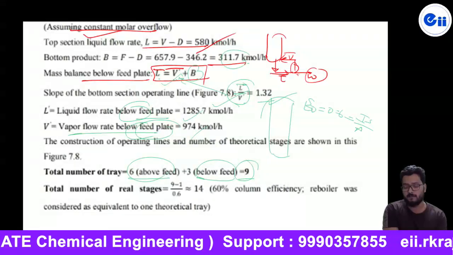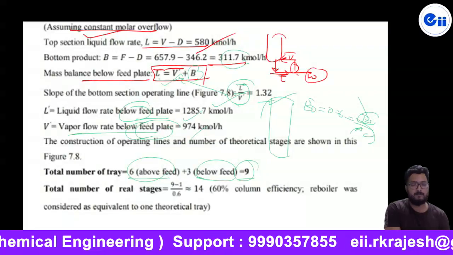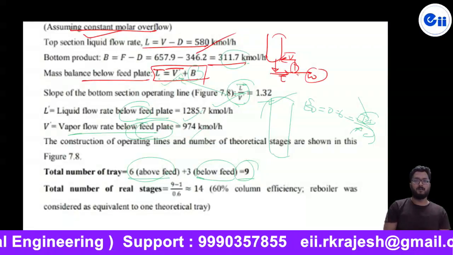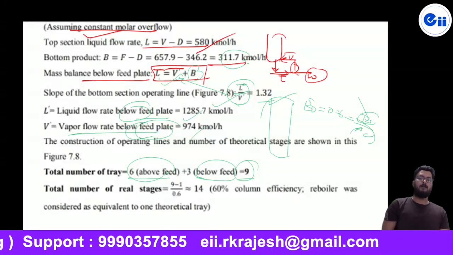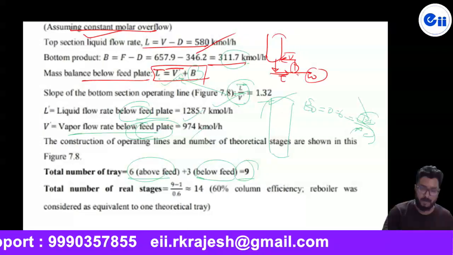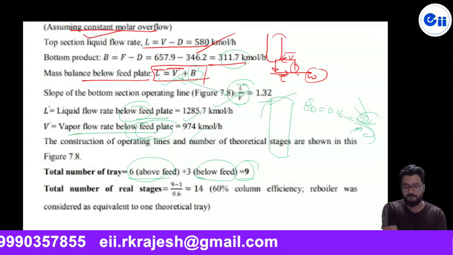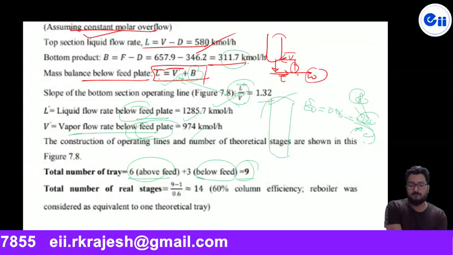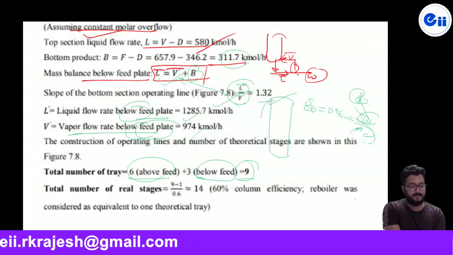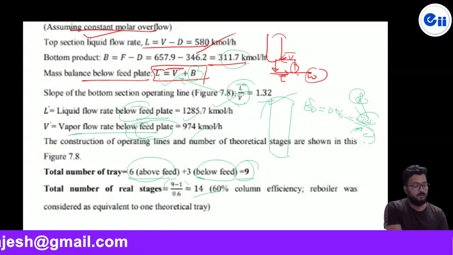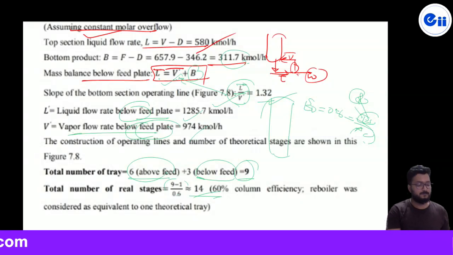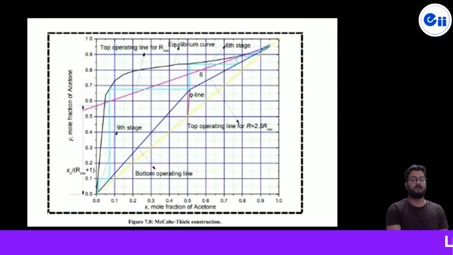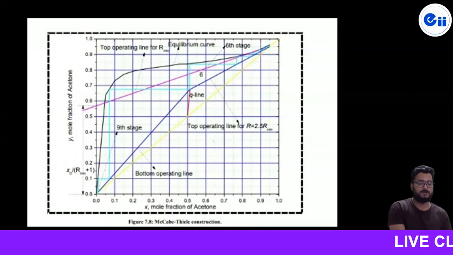So ideal stages I have calculated, because from the McCabe theory we are always calculating the ideal number of stages, and that is found to be 8. Then the actual number of stages will be 8 upon 0.6, that will be 14. So 14 is the total number of real stages in the column.